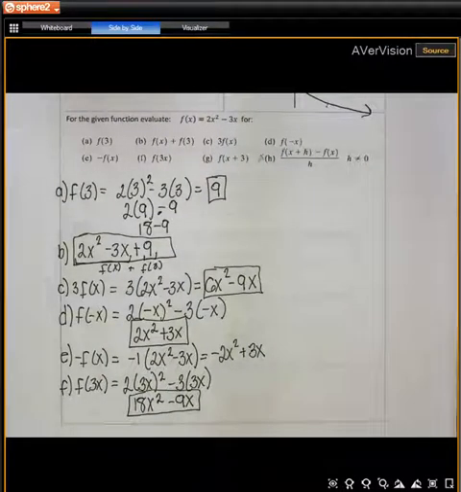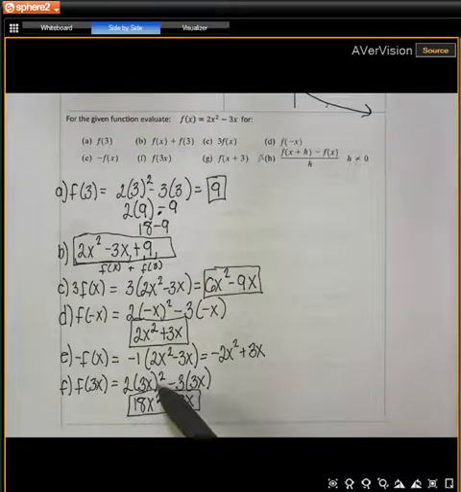Any questions on those before we move on to the last two? Remember how to do these? Kinda. What'd you say? Yeah, of this one. Because when you square x, it just stays x squared.